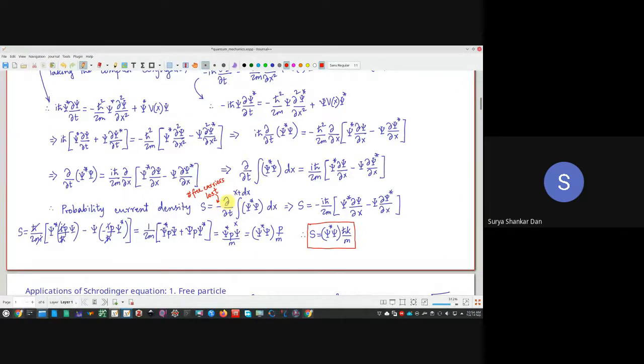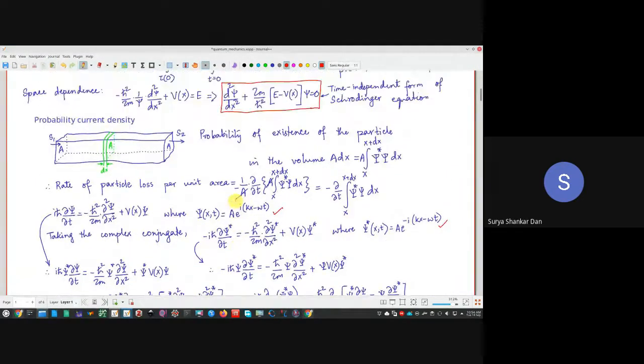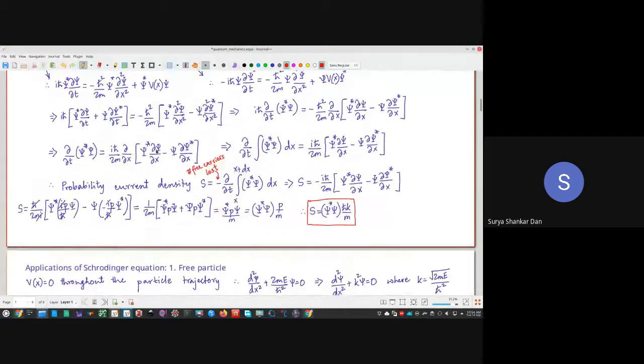So free carriers lost, because look what is happening here, some carriers had come here. Now what we are trying to do is that if the carriers move from left to the right, then the number of carriers will be less over here and few carriers will be here, right? So the rate of loss of the carriers is what is defined here by the probability current density. Okay. So that's why we have put a minus.